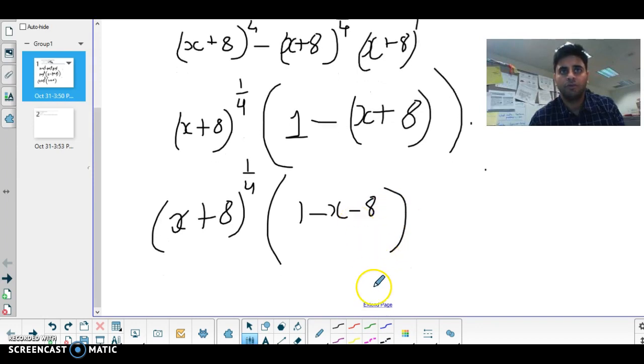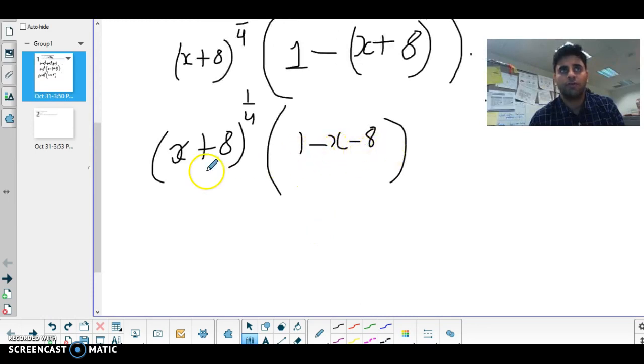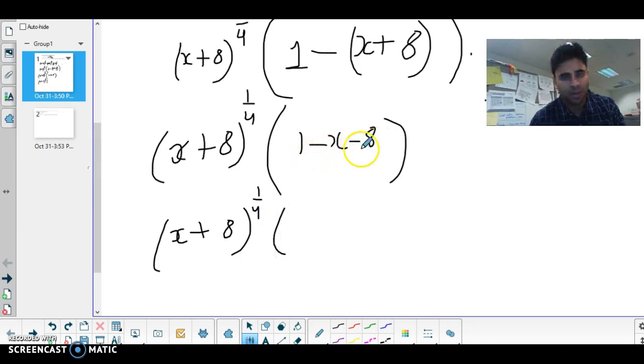If you got it so far, then the second last step actually, (x plus 8) to the power 1 by 4. And this term, this is 1 minus 8. 1 minus 8 is equal to minus 7. So this is minus x as it is, minus 7.